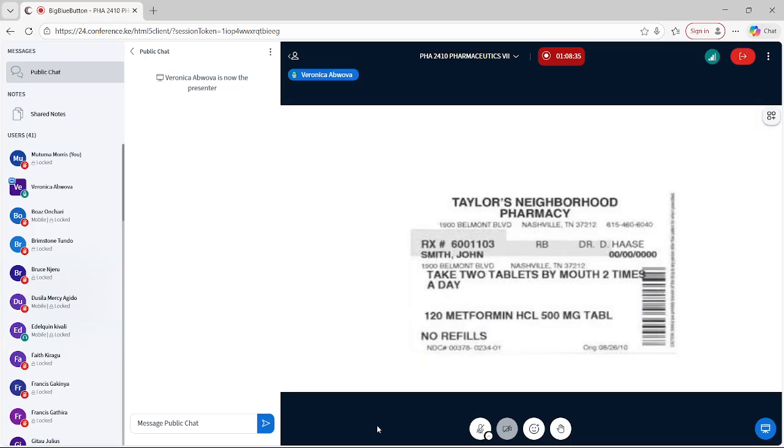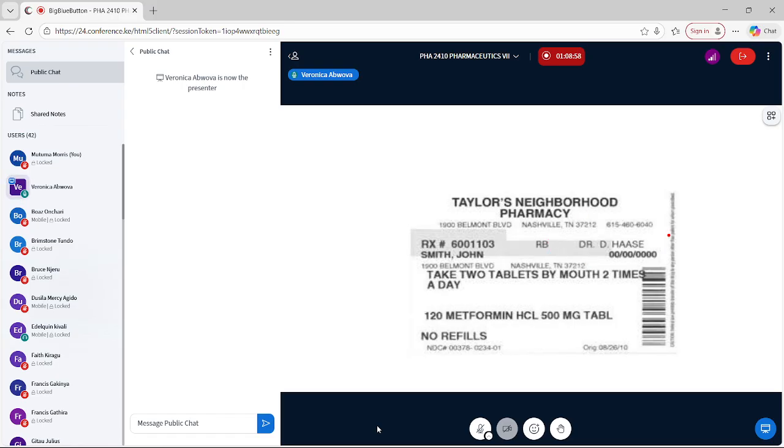Okay, so again, this is just an example of what you would use as a label. You can see we have the name of the pharmacy. We said this is a legal requirement. We have the address of the pharmacy. This one is probably a system generated label.